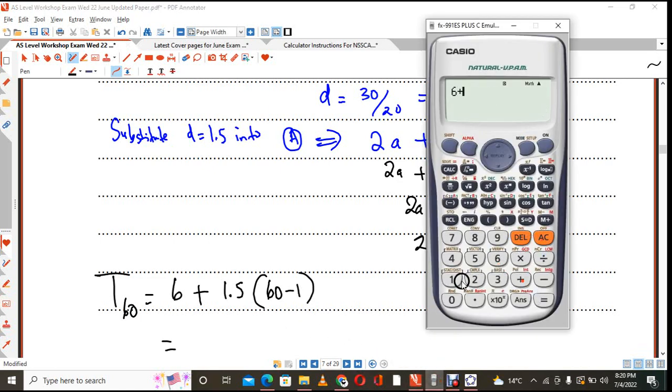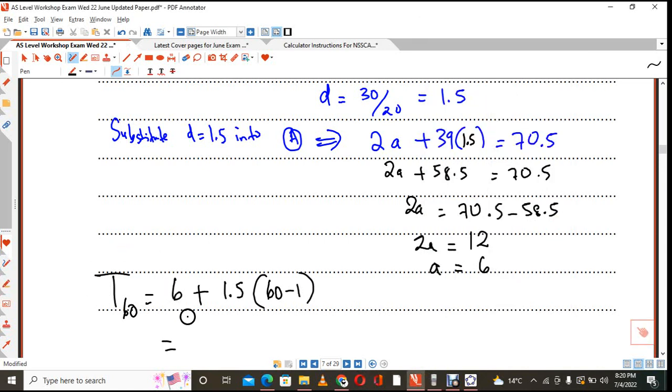So it's 6 plus 1.5 times 59, which is 94.5. Therefore, the 60th term is 94.5.